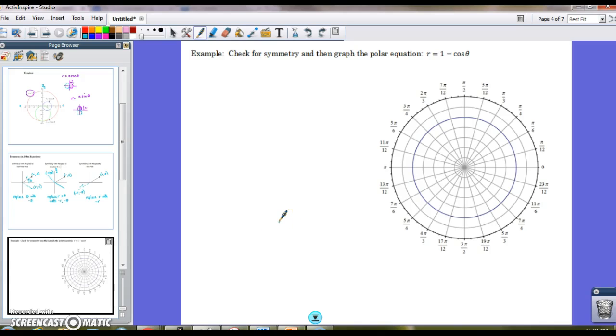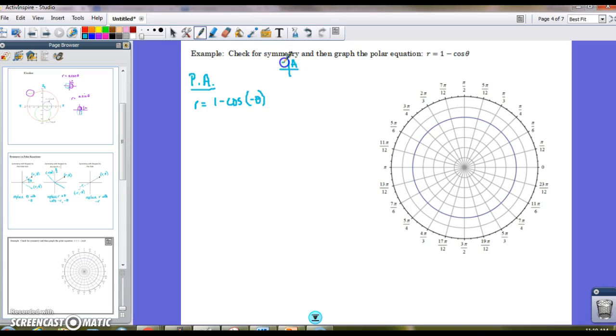Okay, so we're going to check for symmetry, and then we're going to graph this polar equation, r equals 1 minus the cosine of theta. So let's check for symmetry with respect to the polar axis. Okay, that means we're going to replace theta with negative theta. So I end up with 1 minus cosine of negative theta. Now, cosine of negative theta, think about what happens.